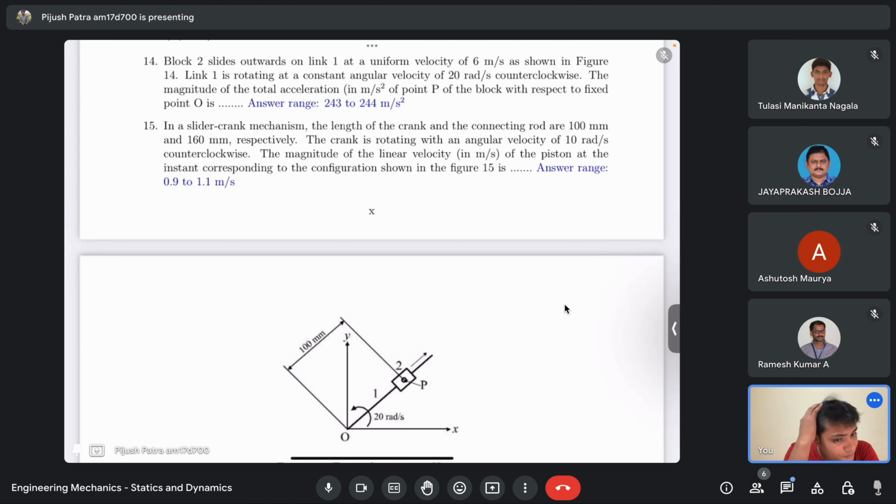What is 40? Omega square into R. It is 40 meter per second square. It is only 100 millimeter, right? So omega square means 400, and 400 into 0.1, so it's 40 meter per second square.